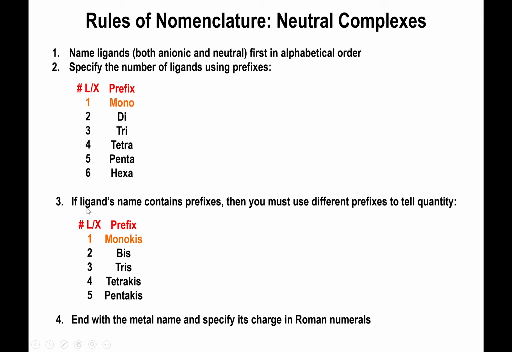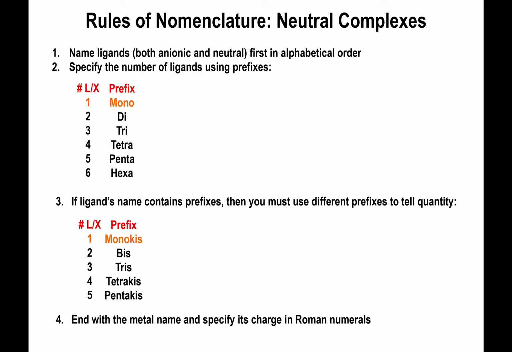Now, if it so happens that the ligand within its name contains the prefixes di, tri, or tetra as part of its own name, then to differentiate from that and to make it unambiguous, we will use the prefixes bis, tris, tetrakis, pentakis to emphasize that we have that many ligands that contain within their name the prefixes di, tri, or tetra.